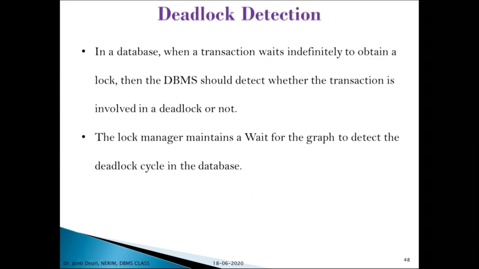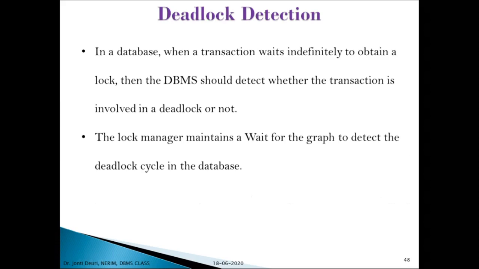Say two processes are going on in our database. You are going to execute a transaction, so you have to check whether the transaction you are going to use is already involved in a deadlock or not, right?